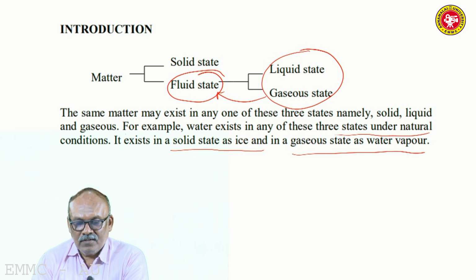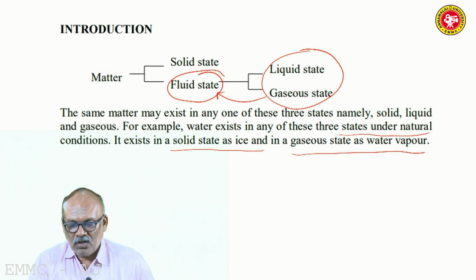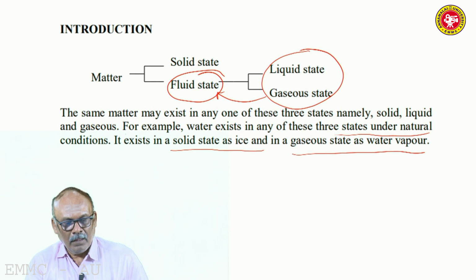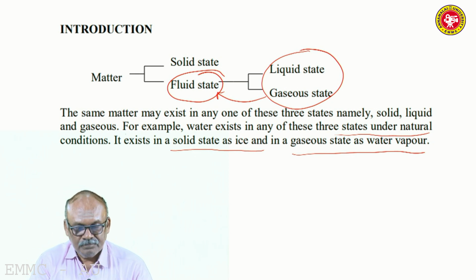Whereas it does not exist in nature in the ice form in Chidambaram, but if you refrigerate water, it will become solid. I'm sorry, at 0 degrees Celsius it becomes solid.